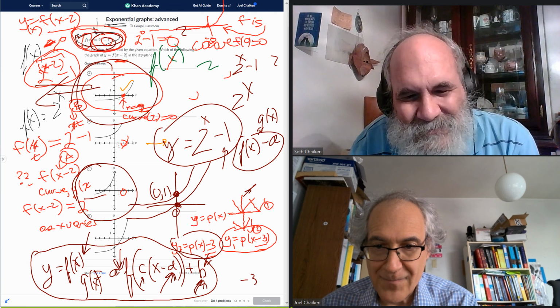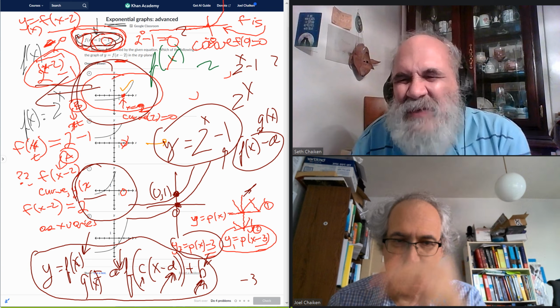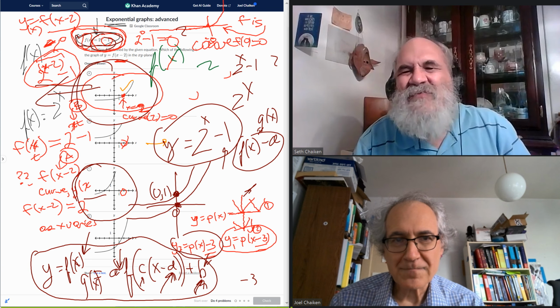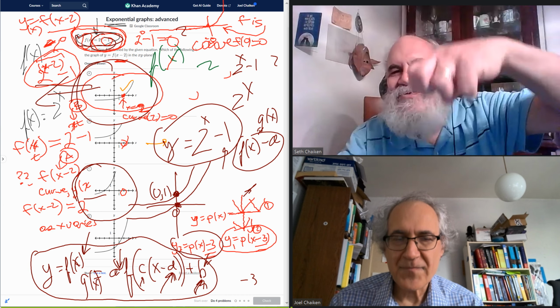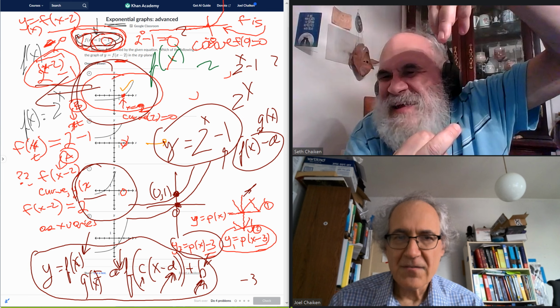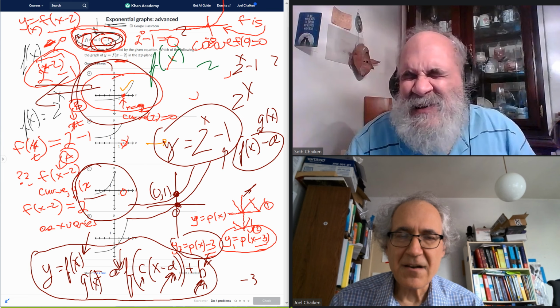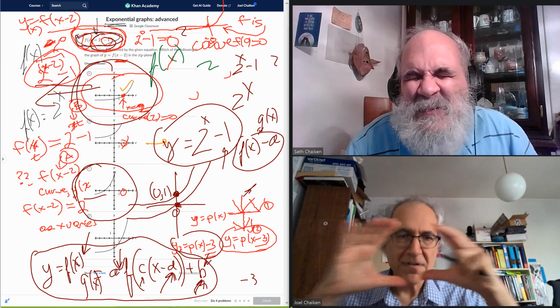The A makes it more slopey, or maybe there's a negative sign. The A changes the vertical scale. It stretches it out vertically. And the C is horizontal.